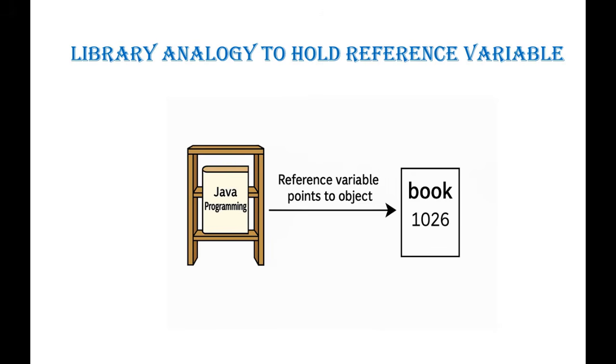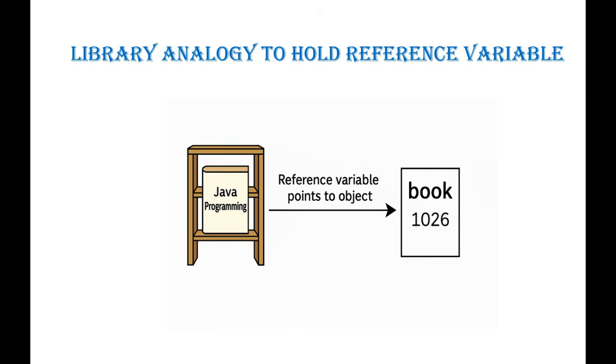Thus the card of the library works as a reference pointing towards the place where my book is stored. In a similar way, in Java, my reference variable acts as a library card, used to store the address of the actual value stored inside memory.